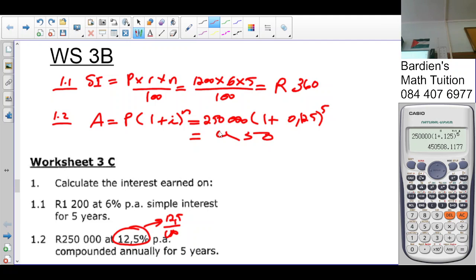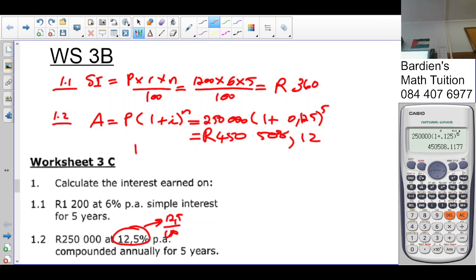Okay, let's try again. So it says 450, much better, 450,508, comma, 12. But the question was to work out the interest. Sorry, the question says calculate the interest earned. Did I do that?